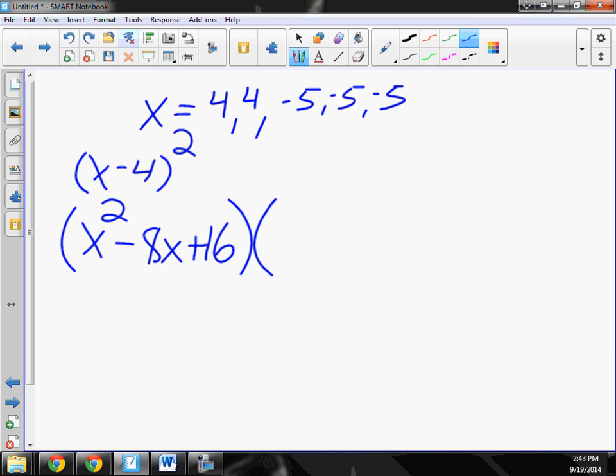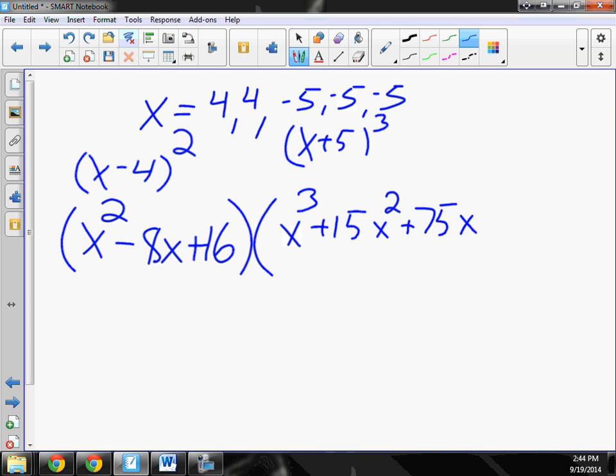Okay, and then this would be x plus 5 cubed. That would be x to the third, 3a squared b. 3a squared is 1, so plus 15x squared plus 3ab squared, 3 times 25, plus b to the third.